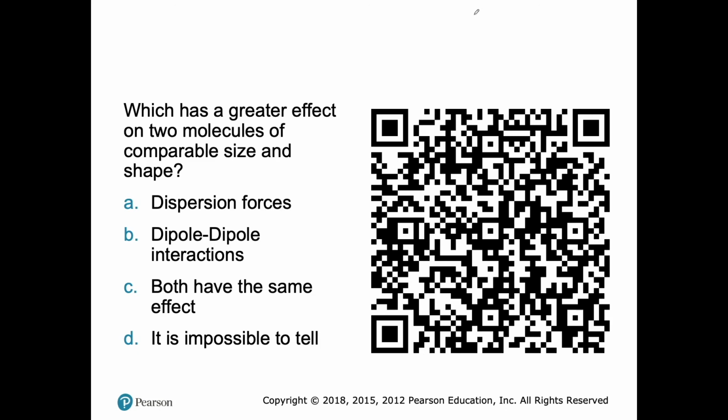I'm totally kidding. So literally, the thing that gives you the clue here is that the two things are comparable in size and shape, right? And there's a slide that I wrote previously that literally says that when they're comparable in size and shape, dipole-dipole interactions are going to be more prevalent.